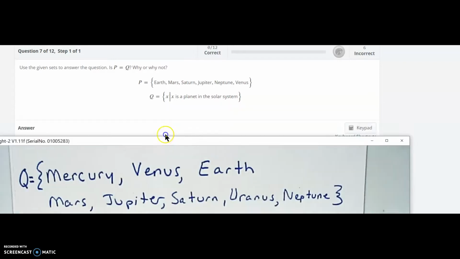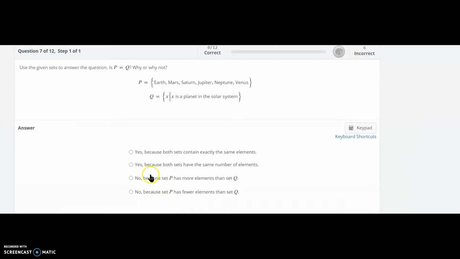So there's two choices: no, because P has more elements than Q, and no, because P has fewer elements than Q. P has fewer elements than Q, so no, because P has fewer elements than Q. And even if they had the same number of elements and weren't the same elements, they certainly wouldn't be equal sets. So that one's good.